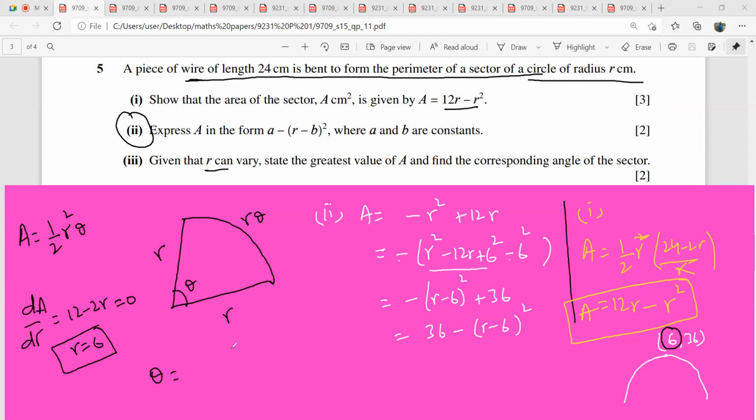What was theta in terms of r? I think that was 24 minus 2r over r, right? So you put r as 6 over here. This is 24 minus 12 over 6. So your theta is going to be 12 over 6, that is 2 radians. This is the angle at which you get the maximum area.